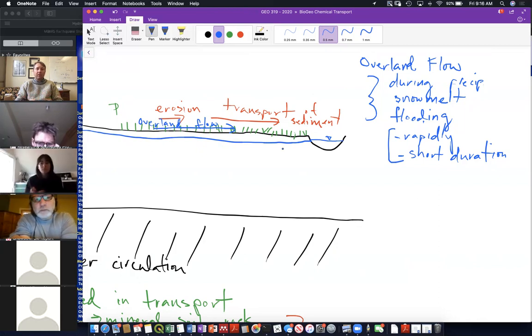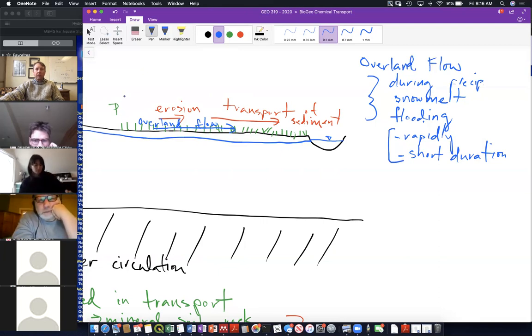If it's really short duration events, if I change my behavior and stop adding phosphorus to the soil, pretty soon I'm not going to be adding any phosphorus into my stream. The time scale of response is such that I very quickly can stop adding phosphorus to my stream.